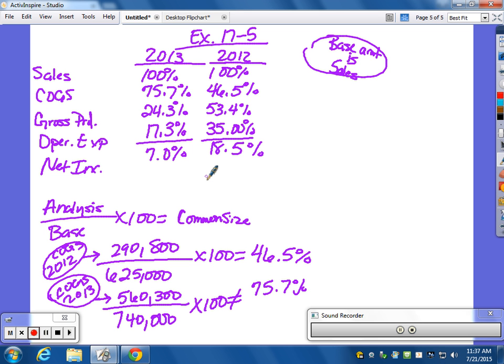And if we were talking about the liabilities and equity, the base amount is your total liabilities and equity. So for the assets, we take the cash amount and divide it by the total assets amount to get our percent.